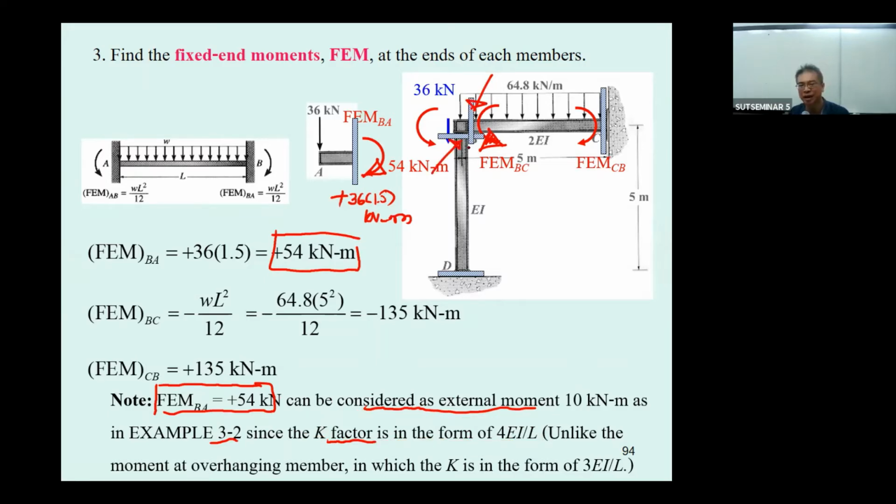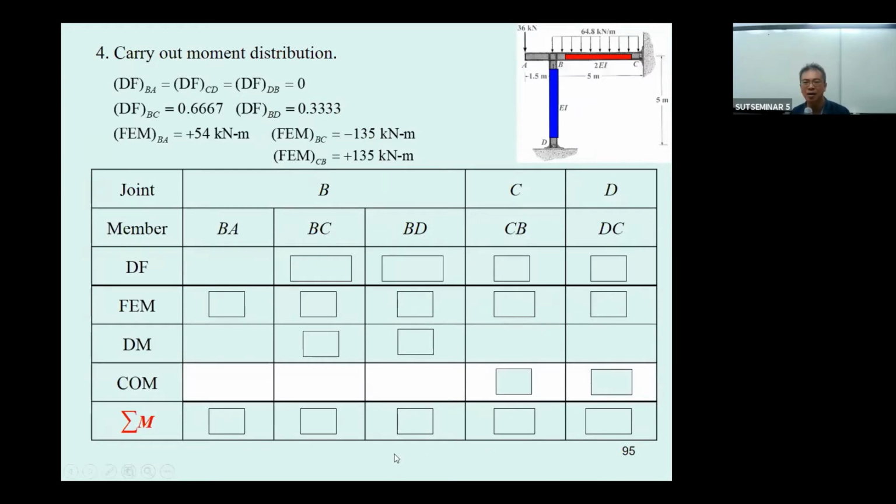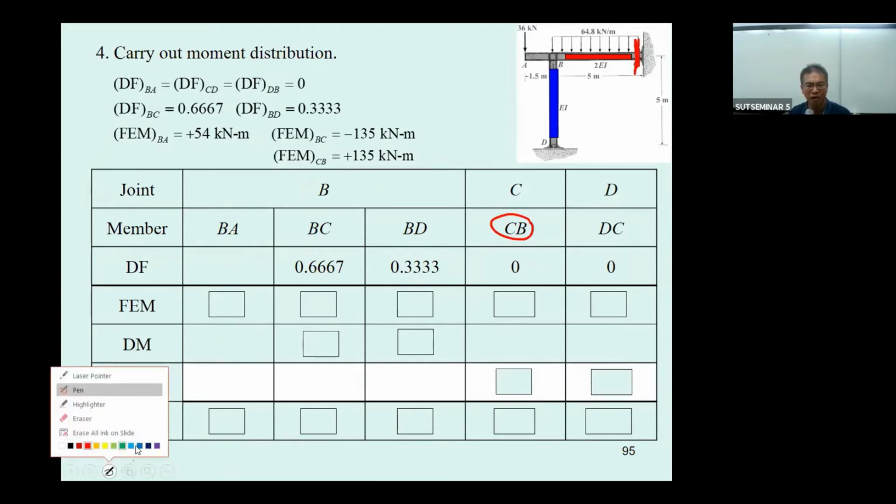It's not connected by the roller as the overhanging member in the previous lecture, that's 3EI over L. And then by doing this, just put everything together. CB is going to be at this one, and also this one is going to be DB.